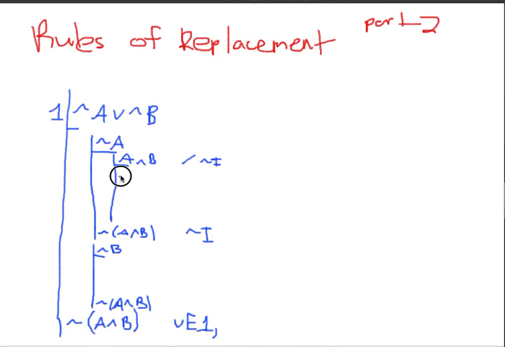So I can write down not A by reiteration from line 2. And we can then also get A by conjunction elimination from line 3. And now we have the contradiction, which means we can introduce a negation to the claim that we assumed. So line 6 will be negation introduction, citing lines 3 to 5.